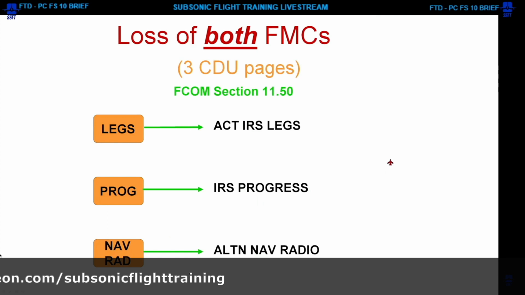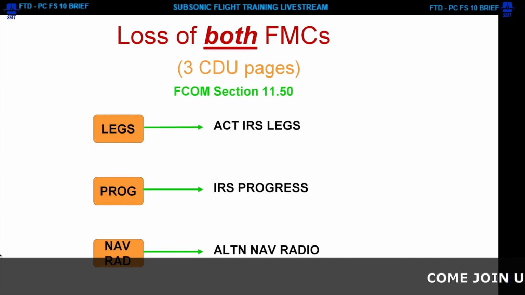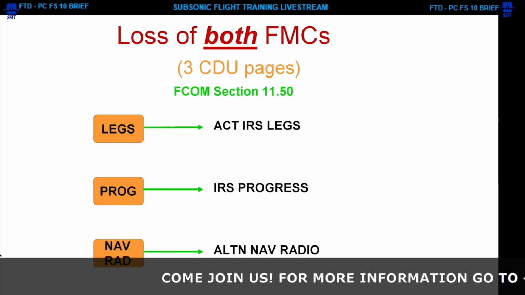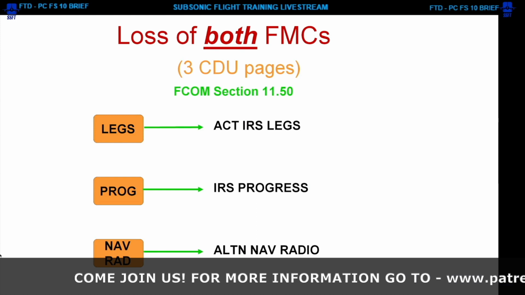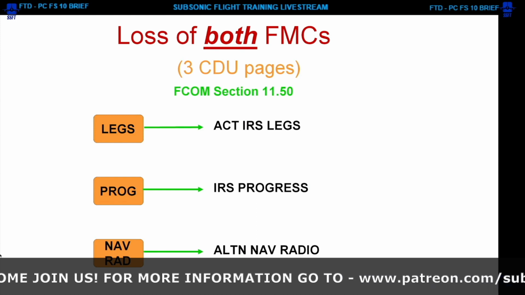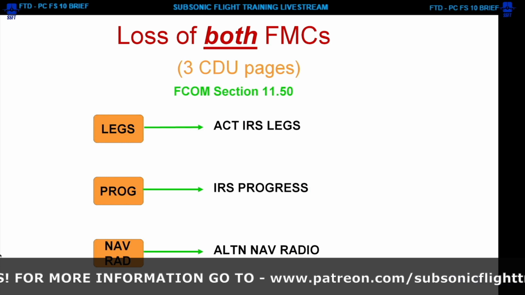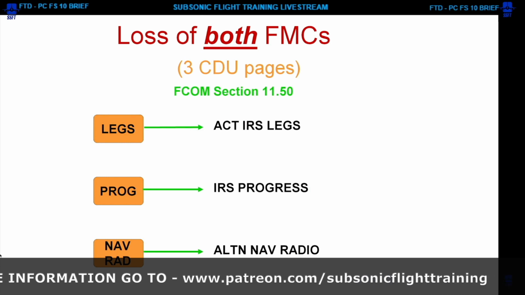Now when you lose both FMCs, here's what you get. You get 3 CDU pages. So you have a legs page, you have the progress page, and you have the nav radio page. But they're called the active IRS legs page, the IRS progress page, and the alternate nav radio page. And this is what you get when you're in alternate navigation, meaning both FMCs have failed.